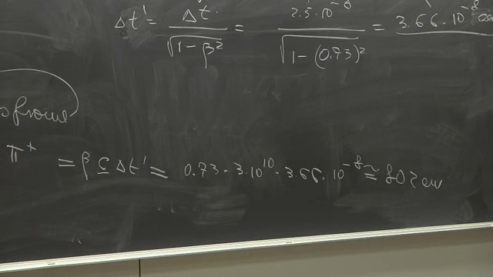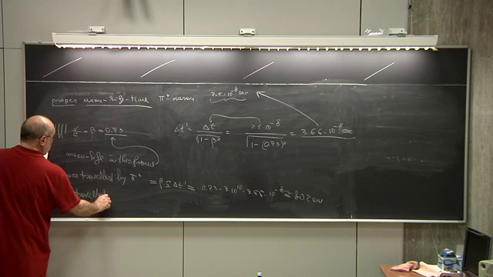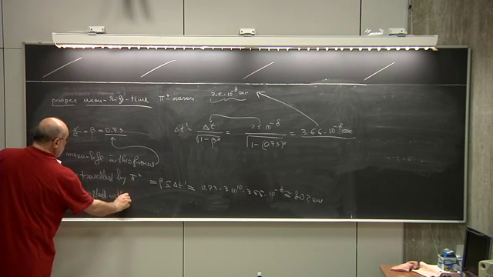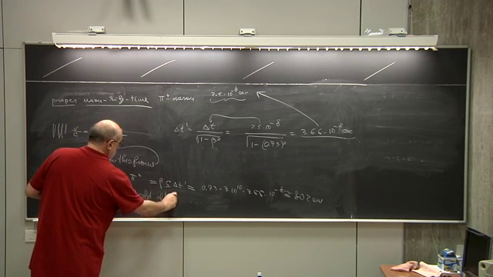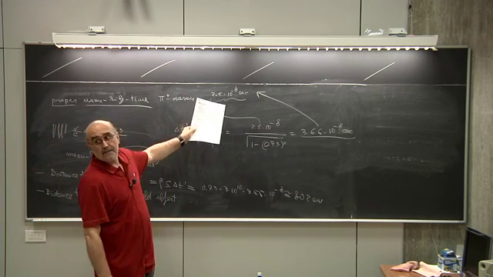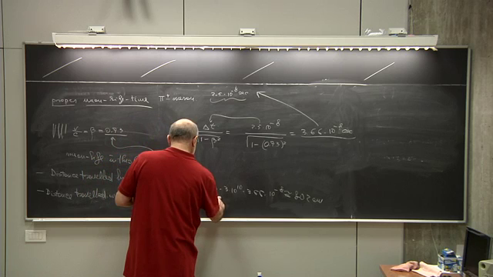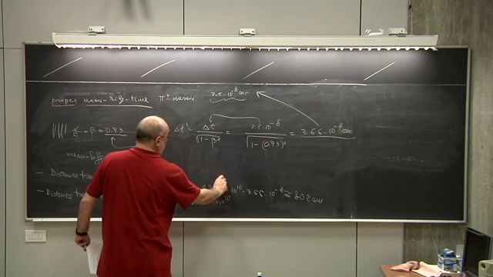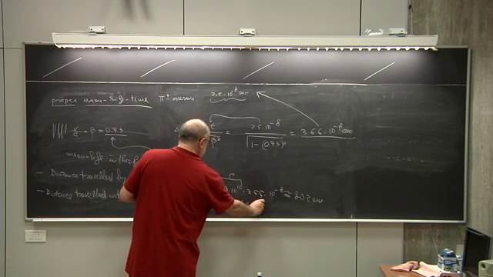Now the next question is the distance traveled without the relativistic effect. Without the relativistic effect, that means there is no time dilation. You have to use this time, okay? And then you get 0.73 times 3 times 10 to the 10, this is the velocity of light, c, times 2.5 times 10 to the minus 8.